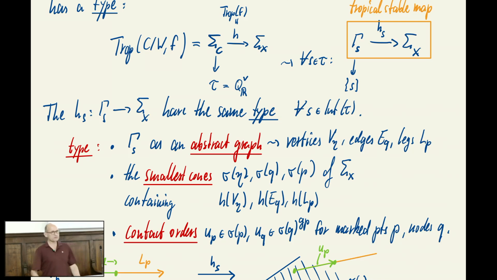Then there is certain combinatorial data that has to do with where the vertices and the edges and the rays map to sigma X. So these live in smallest cones of sigma X. So for example, there was one vertex, V eta, for each generic point of your curve, and it maps to a certain smallest cone of sigma X, right?